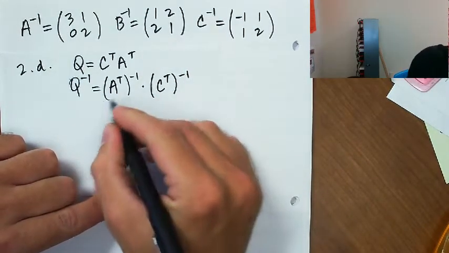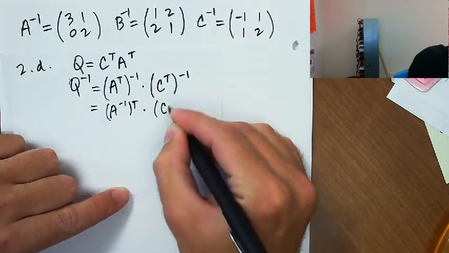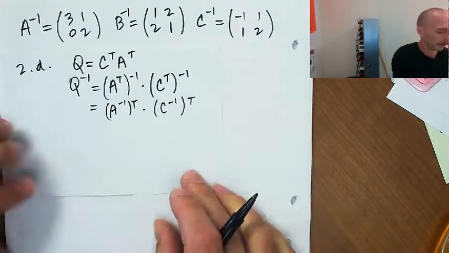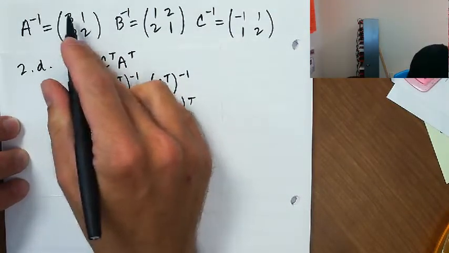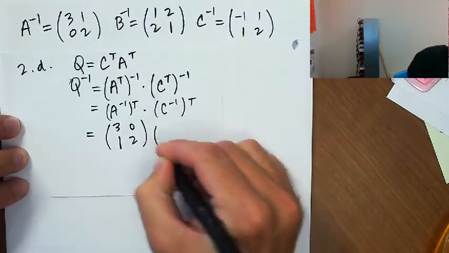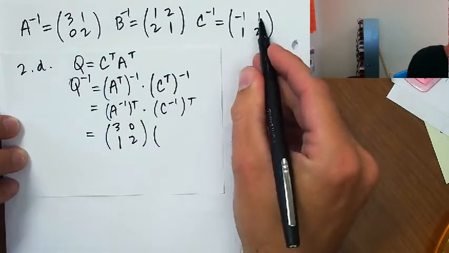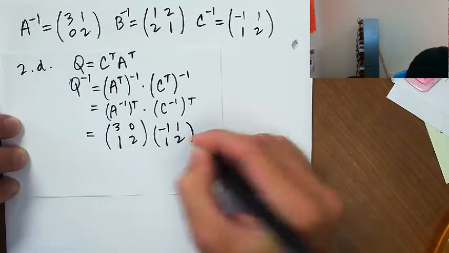And then we've got another property for that, and that's A inverse transpose multiplied by C inverse transpose. So I need to actually write those out. A inverse transpose is going to be 3, 1 as a column and 0, 2 as another column. C inverse transpose, take the rows, make them columns. Negative 1, 1, 1, 2.